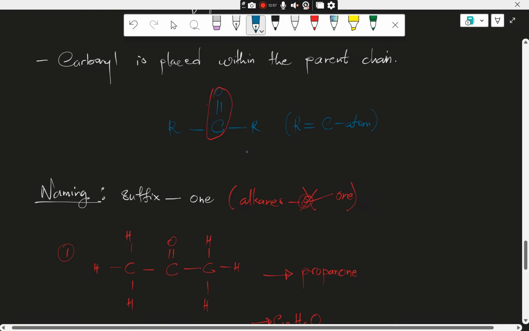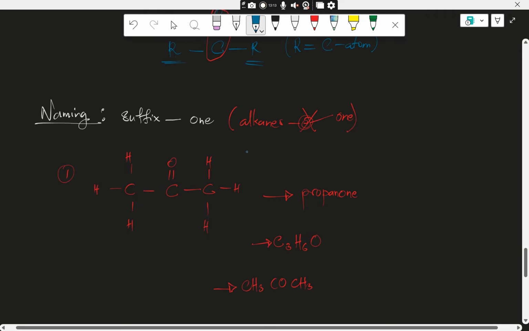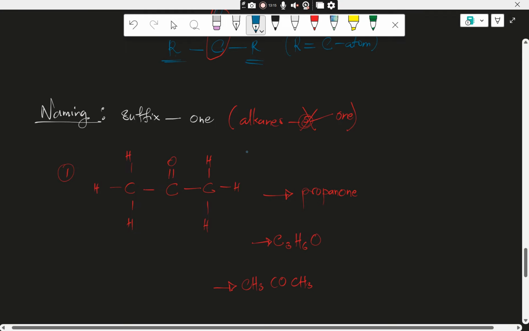So for ketones, the carbonyl group is placed within the parent chain, meaning that on both sides of the functional group, you have carbon atoms bonded to the carbon atom of the functional group. The suffix is -one, so it will be the same naming as alkanes.